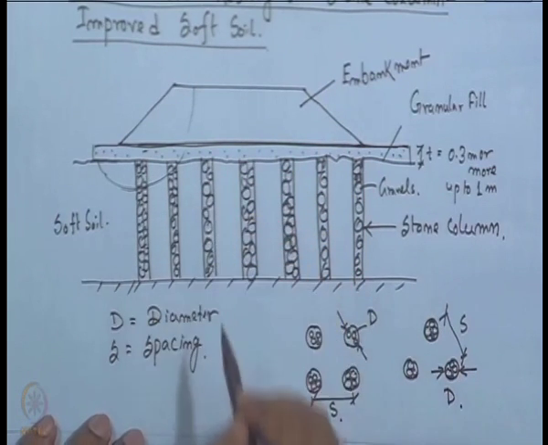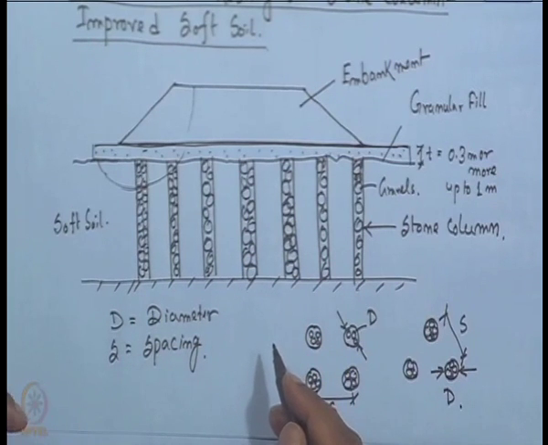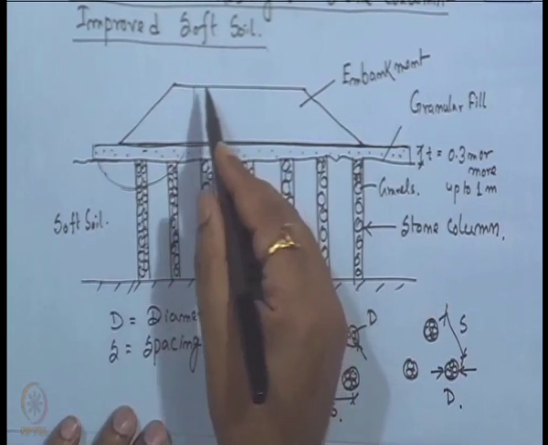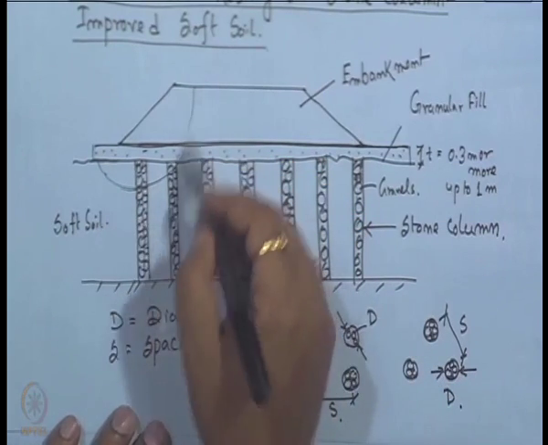So, those are the three purposes I have explained. One is improving the bearing capacity, one is the reduction of the settlement, and another is increasing the stability of the structure or the embankment.